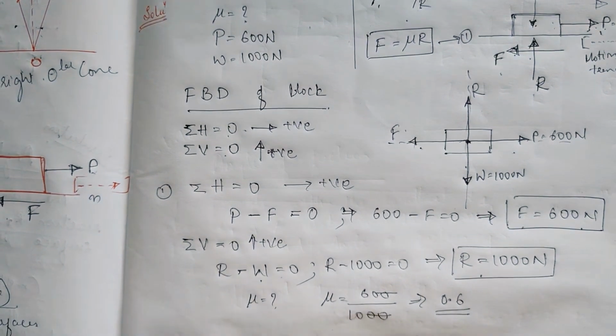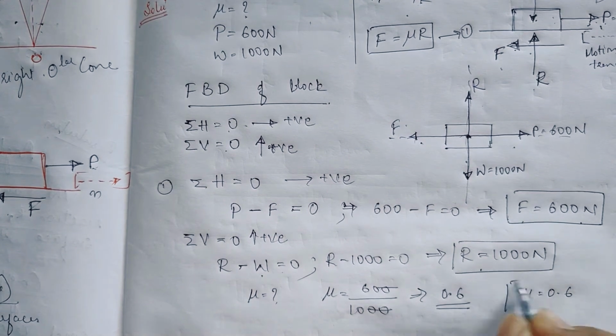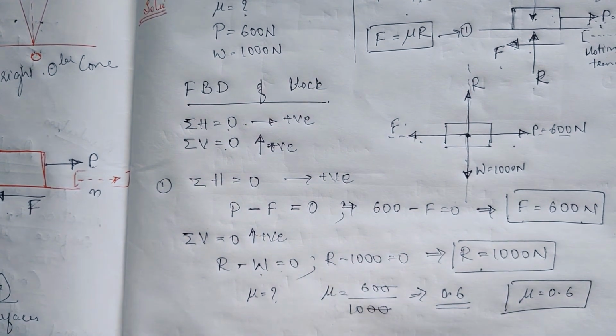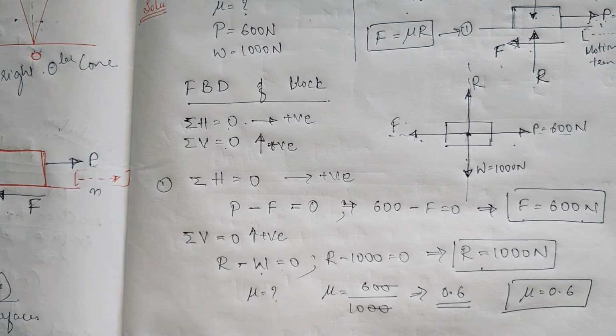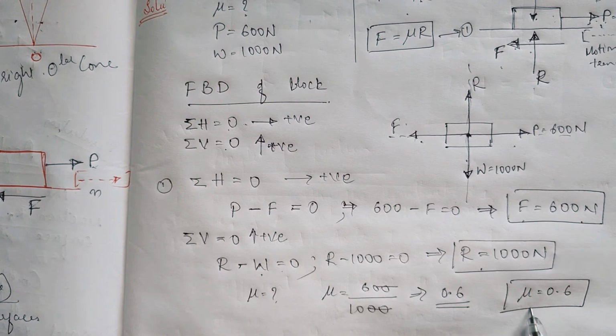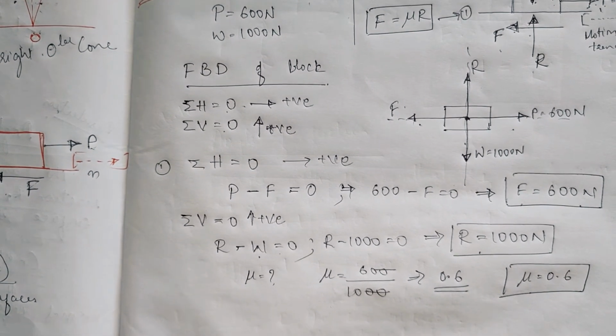So mu is equal to 0.6. Friction is also force, R is also force, so Newton gets cancelled and it will be unitless. So the value of mu is 0.6, okay. So this is how we solve the problem. It was the first problem. Now we'll go to the second problem.